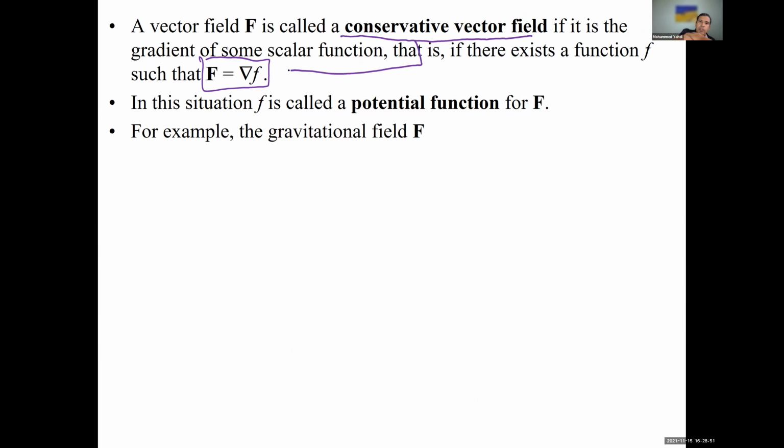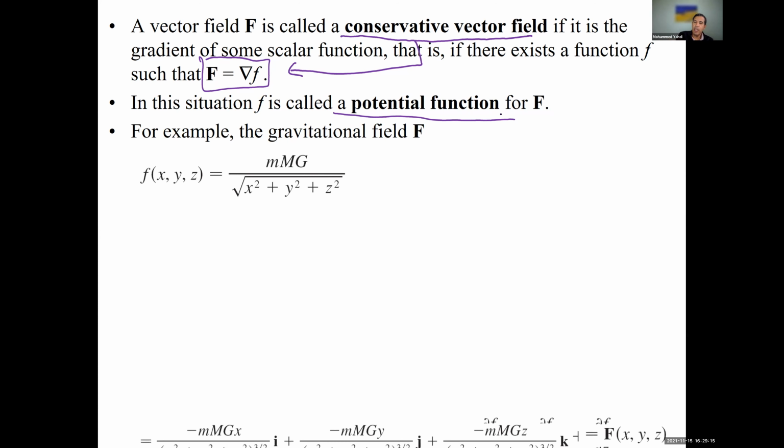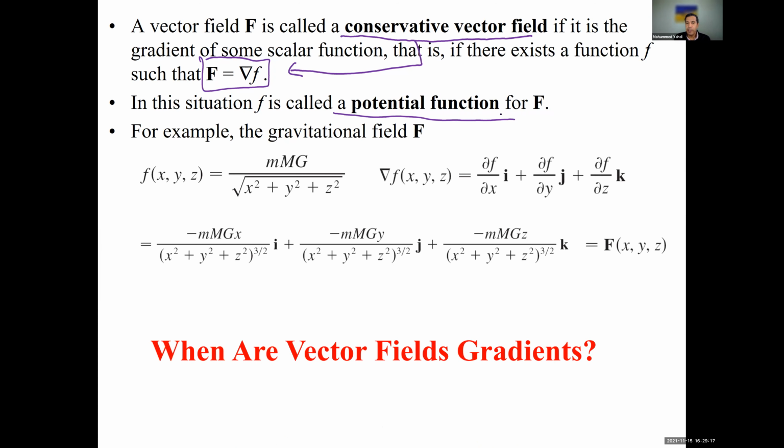If that happens, we know from what we've seen before that the integral will be independent of path, so we can pick an easy one. And little f is called the potential function of F. So this is an example here, what we've done also before, where we have a gravitational field F, so we use this little f, we take its gradient, and we get this.